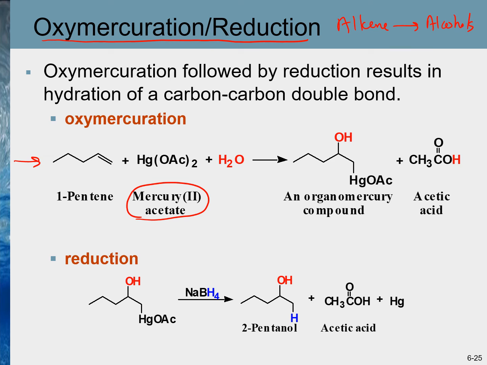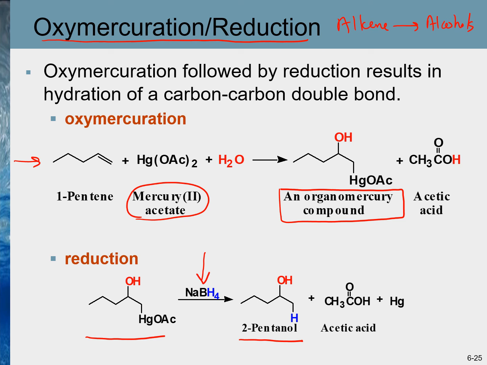The product of this reaction will be an organomercury compound. The subsequent reduction of this organomercury compound by using a reducing agent named sodium borohydride will result in formation of an alcohol.